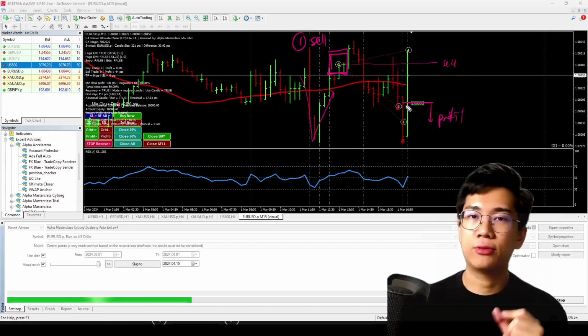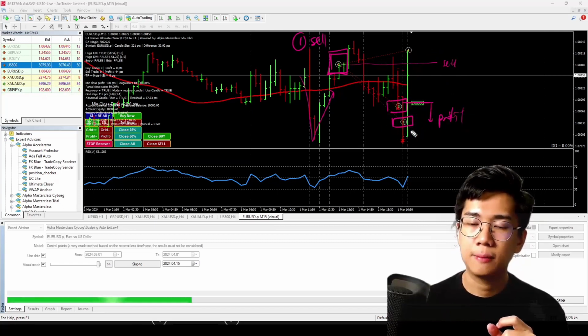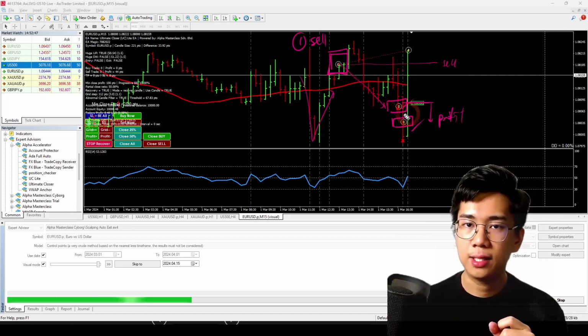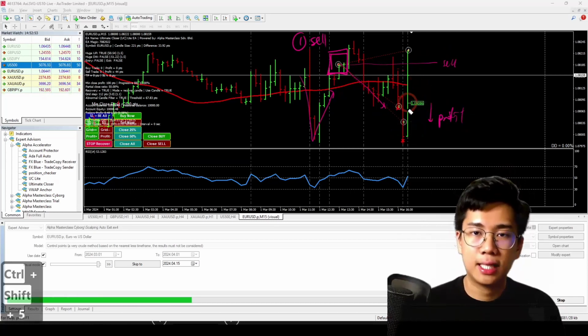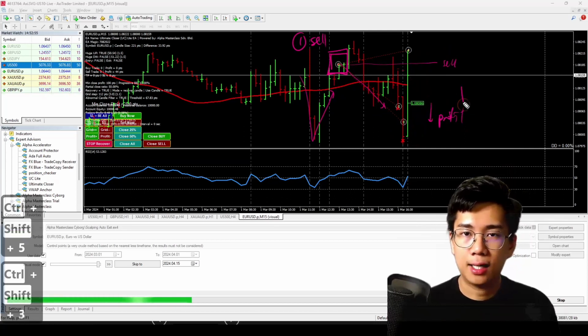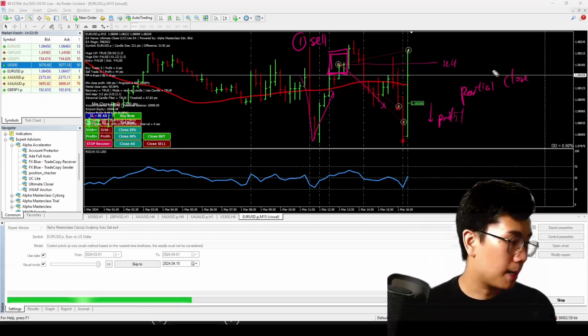And the strength of the robot is that it can help you close a trade at the most peak of the market. When it shoots all the way down, it closes at the most bottom of the market before it reverses. And this action is done automatically by the robot using partial close. So what is the concept of partial close?